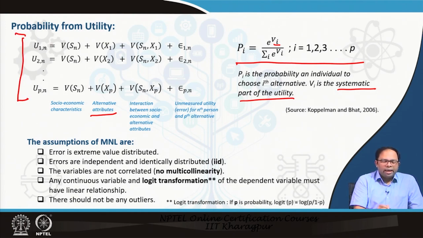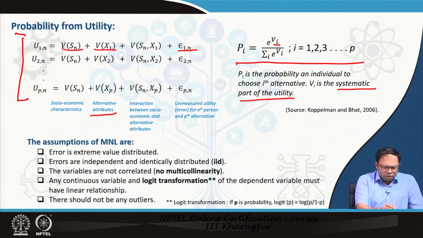So, U_1n is basically the utility for that particular individual for alternative 1. It is again composed of three parts: the deterministic part, V_sn, which is the characteristics of the individual, V_x1, which is the characteristics of the mode, and V_sn x1, the interaction terms, and then there is the error term for this particular individual and this particular alternative, and this is there for all the different modes.